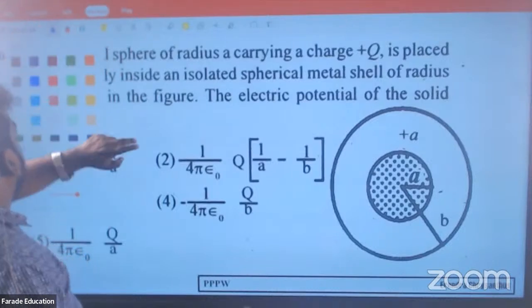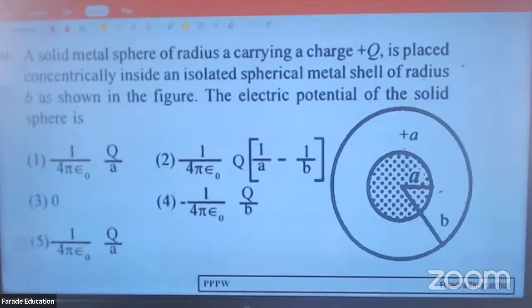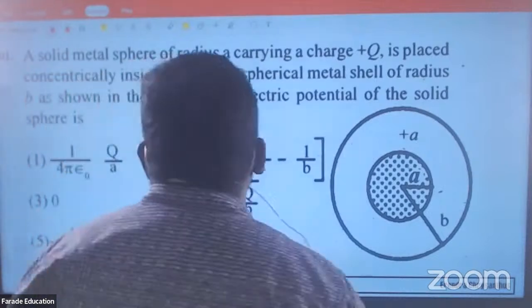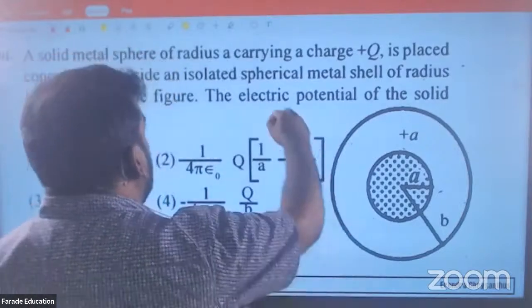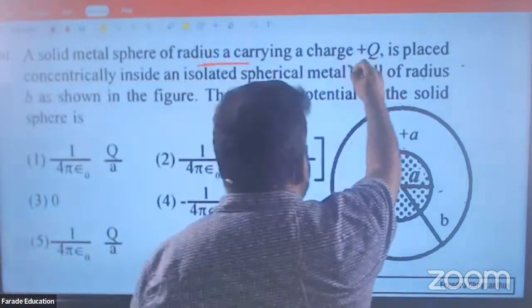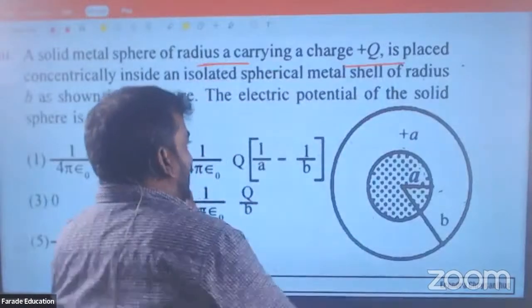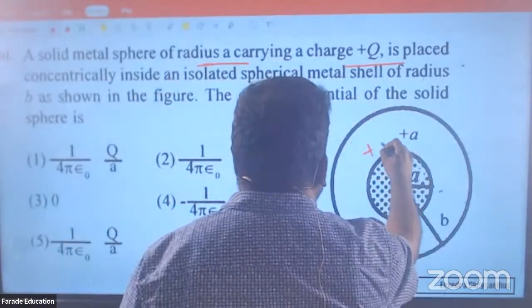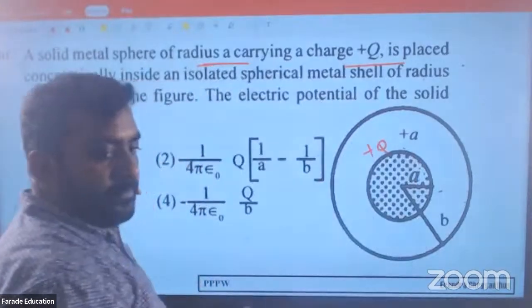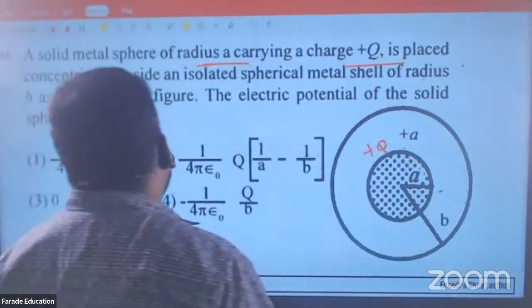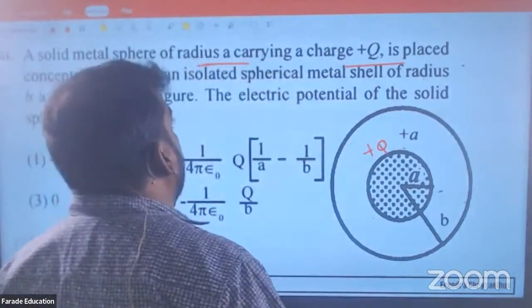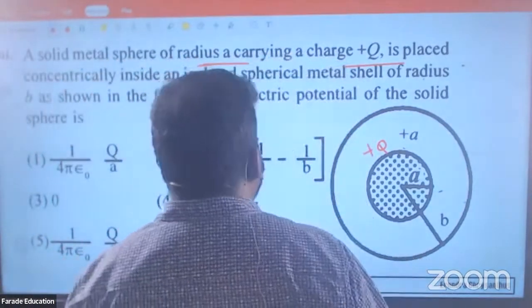Read the question. First MCQ. A solid metal sphere of radius A carrying a charge plus Q. Plus Q means all the charges will be there on the outer surface. It is placed concentrically inside the isolated spherical metal shell of radius B as shown.